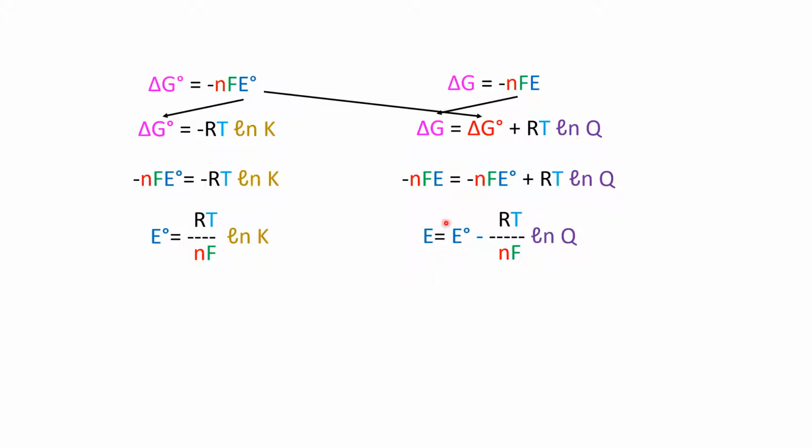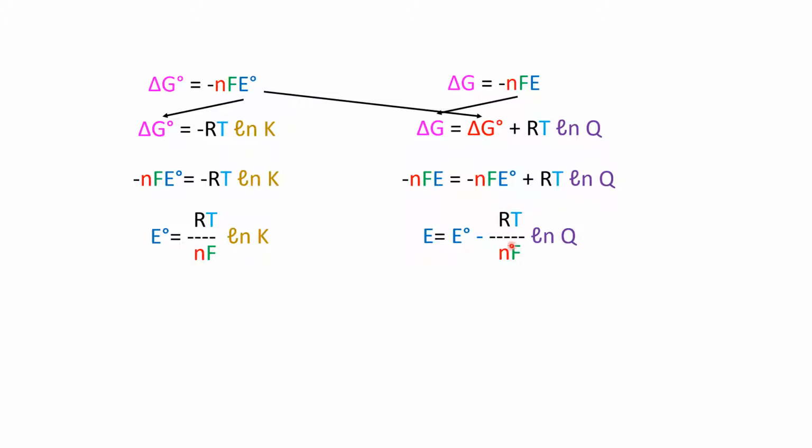E, in other words the potential where we are, equals the standard potential minus RT over NF times the natural log of Q. Back in the days when this was done in A-level, and I understand that almost all the boards do not do the Nernst equation now, a lot of times you'd see it as log Q. Other times you'd see them put together R, T and F in one big constant, saying, let's see what happens at 25 degrees Celsius or 298 Kelvin.